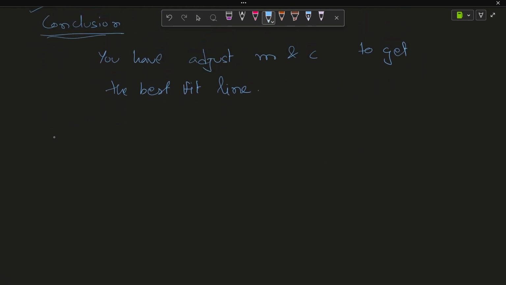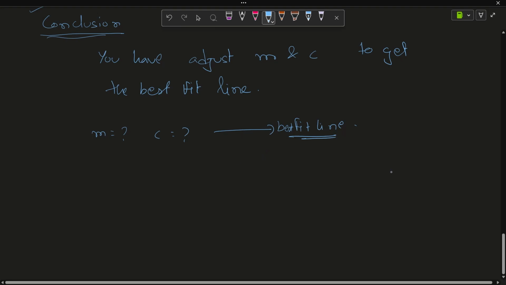So how will we get m and c for which the best fit line happens? We will be using an algorithm here, known as ordinary least square.